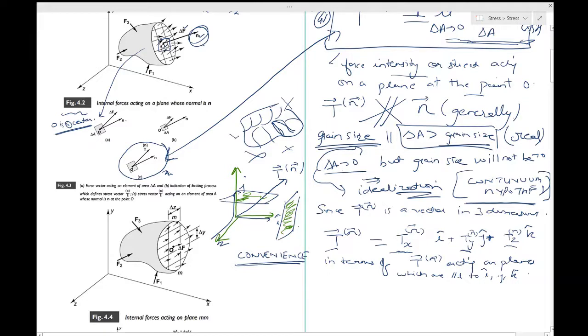So once you have found these three components acting on the coordinate planes, we will relate these to the Tn. So once you find what these green ones are, you will relate it back to this vector, and then you will see the convenience of doing that over there. Okay, so let's see.